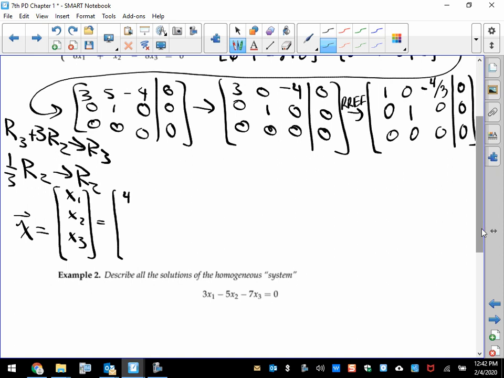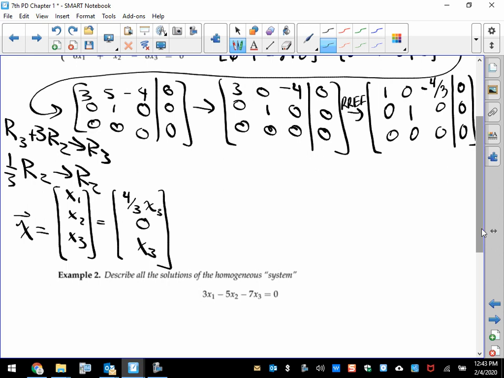It's going to be 4/3 x3. x2 in terms of x3 is just 0. Notice that x2 is 0 x3s. So we just want 0. And then x3 is free, so it's itself.